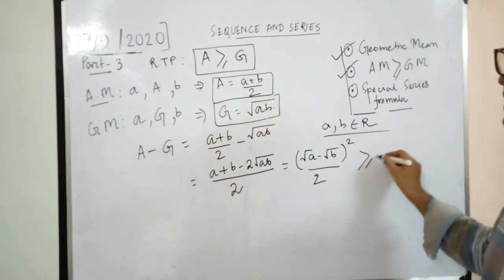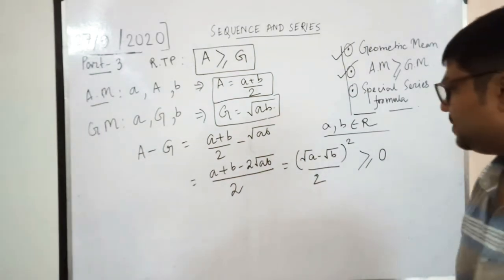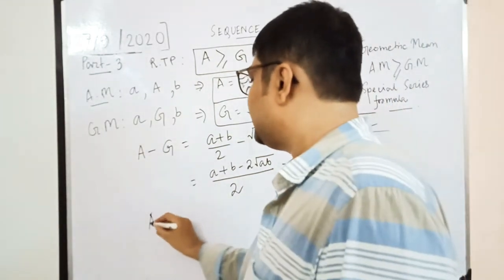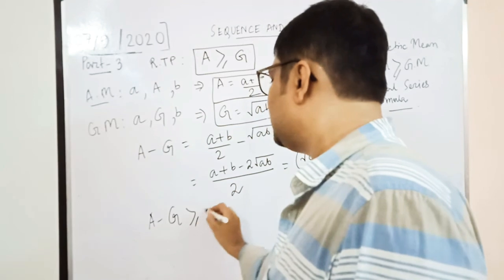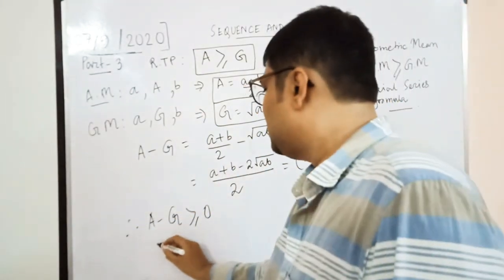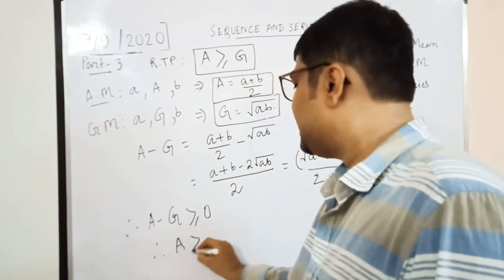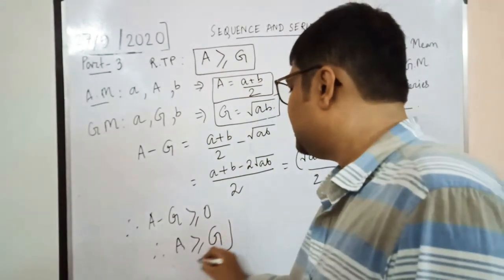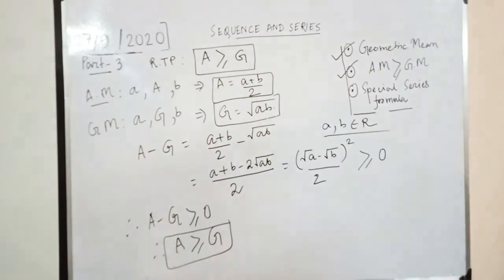So it is always greater than or equal to 0. That means from here we got that a minus g is greater than or equal to 0. Therefore we always know that a, the arithmetic mean, is greater than or equal to the geometric mean.